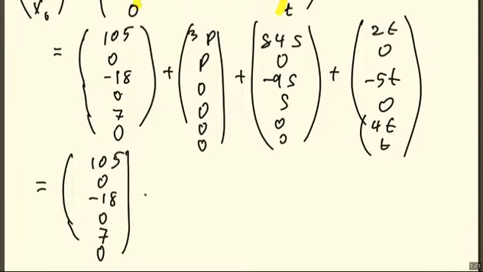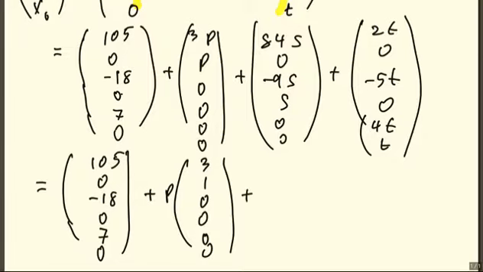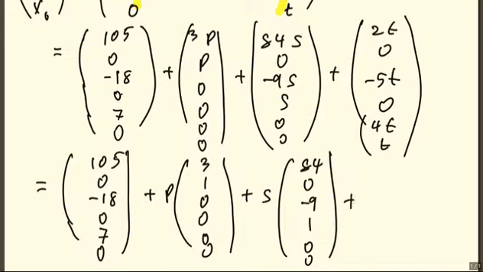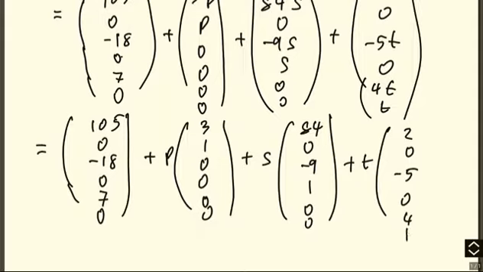We have a constant vector, then we have p multiplying the vector 3, 1, 0, 0, 0, 0, s multiplying the vector 84, 0, minus 9, 1, 0, 0, and finally t multiplying the column vector 2, 0, minus 5, 0, 4, and 1. And maybe in the future we will talk about what exactly these column vectors mean.